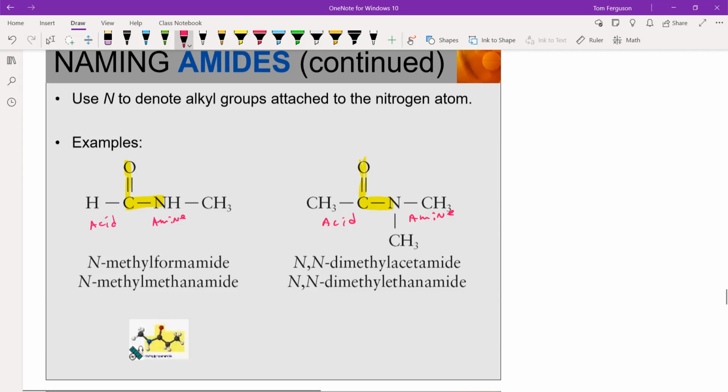And here we've got methyl groups hanging off of the nitrogen, so that's denoted by the N,N.